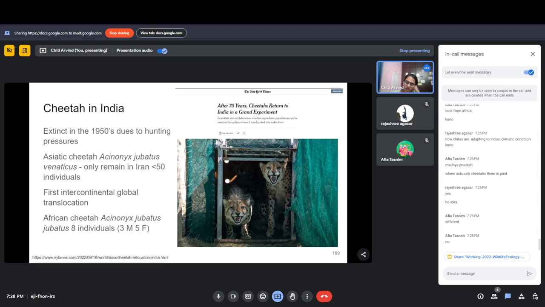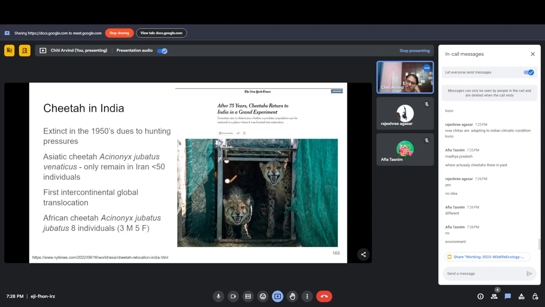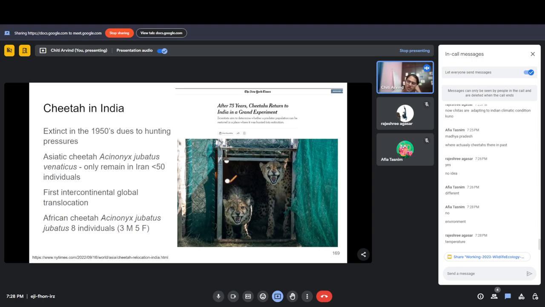No, right? It's not the same. What are the differences? What are the main differences? The environment, right? What in the environment is different? Temperature, correct. All the abiotic factors are different.